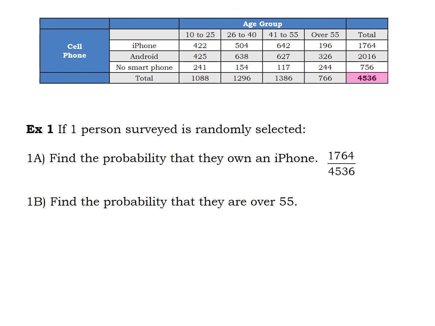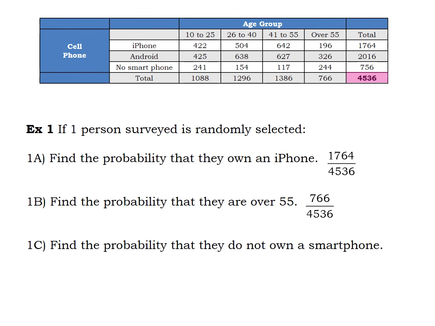Out of those, 766 are in the age group we're looking for. So our probability is simply 766 out of 4,536. Finally, I want to find the probability they do not own a smartphone. Once again, 4,536 to choose from, 756 who do not own a smartphone. There's our fraction waiting for us to put it together.